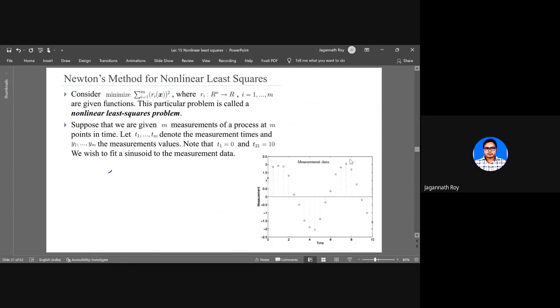For example, f of x is given as the summation of fi square, i equals 1 to m.